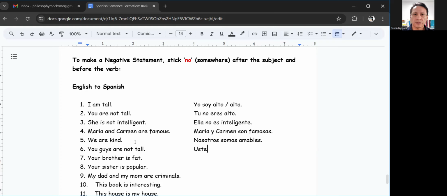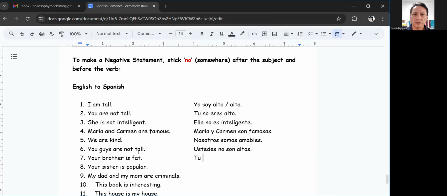You guys are not tall. You guys, ustedes, not are not. No son tall. And now you have to pluralize alto to altos for males. And if it's females, it would be altas. I said I'm not going to do it. Okay. Altas. So, ustedes no son altos. Your brother is fat. Probably a fact if you're American.